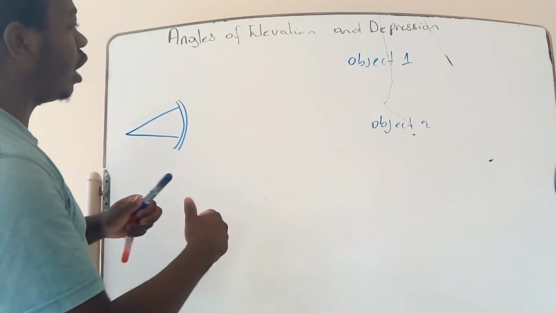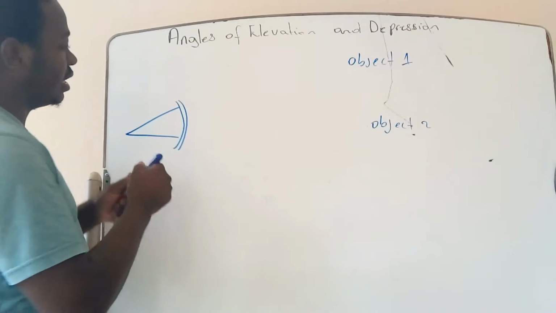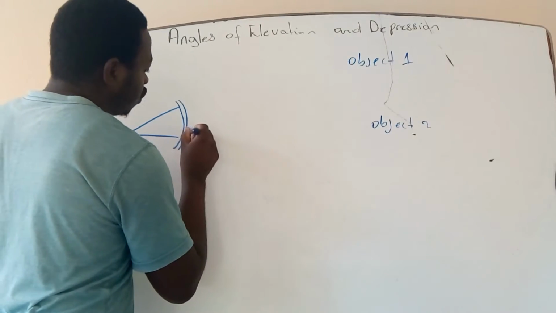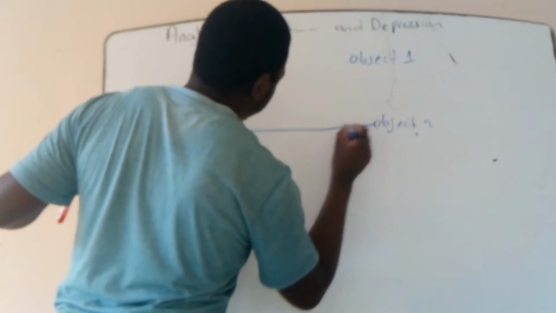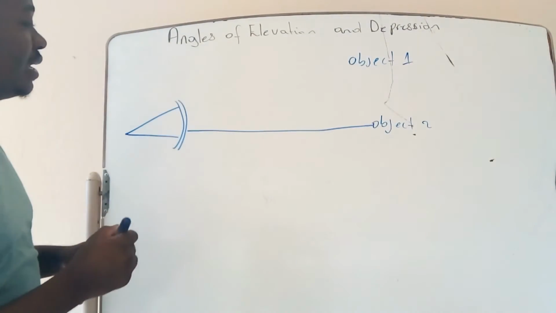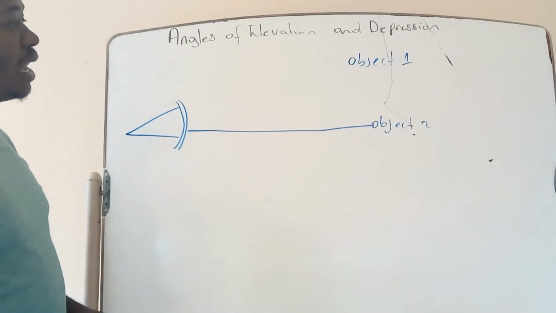And I am going to draw a line from your eye line directly to object number two. So this is a horizontal line directly in front of your eye line.